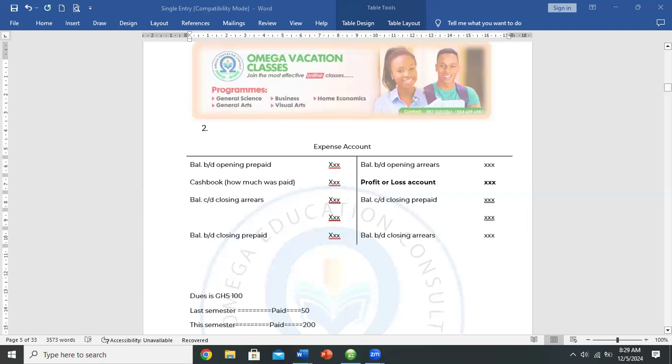Most businesses do not appreciate the cash basis because it's a bit weird. Imagine I have sold goods, but because I haven't received money, I don't record it as sales that has been earned. But if you go back to the concept of accounting, you remember realization concept, which says that immediately you transfer ownership of the goods to the buyer, you should realize or recognize revenue.